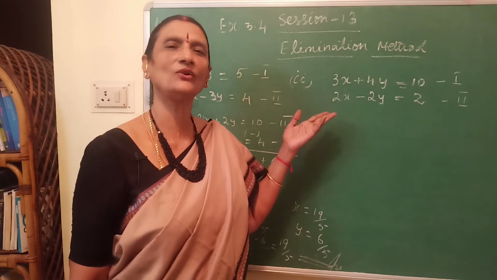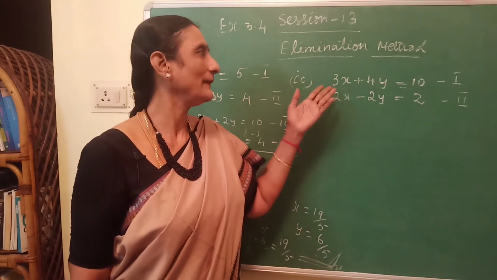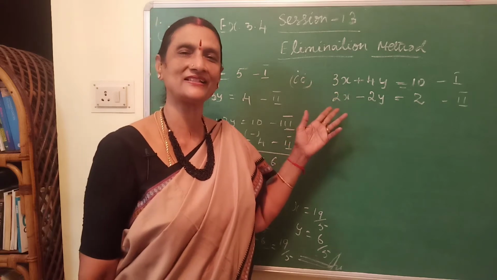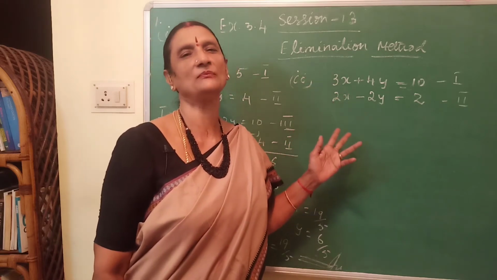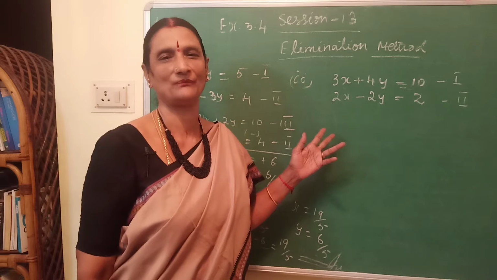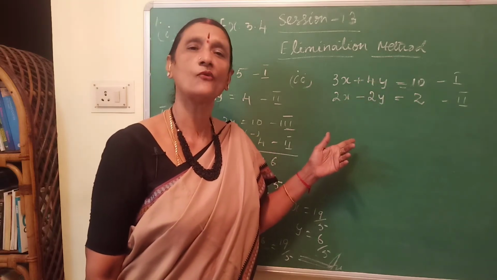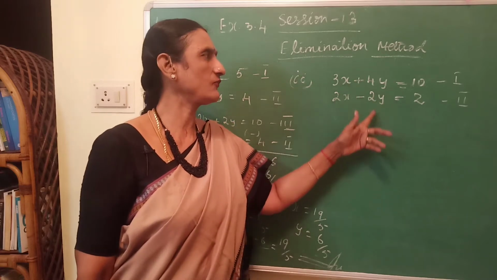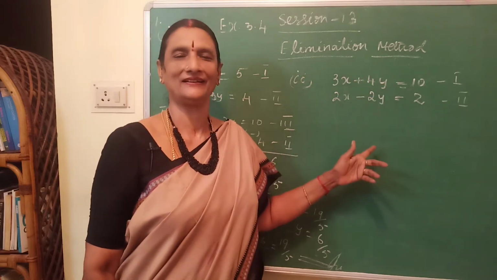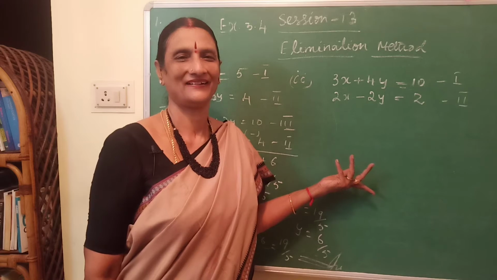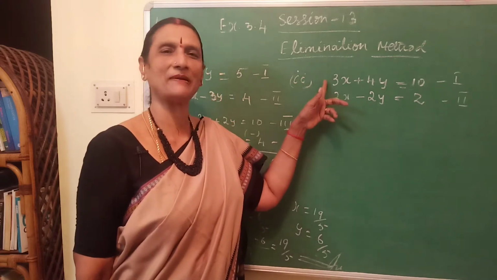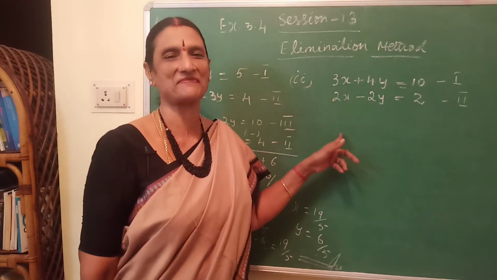So if I have to remove x, I have to balance both the coefficients so that I get 6x in both the first and second equations. Now the LCM of 4 and 2 is 4. So I must have 4y in both, otherwise they won't get removed. In the first equation it is plus on either side, so I have to subtract.